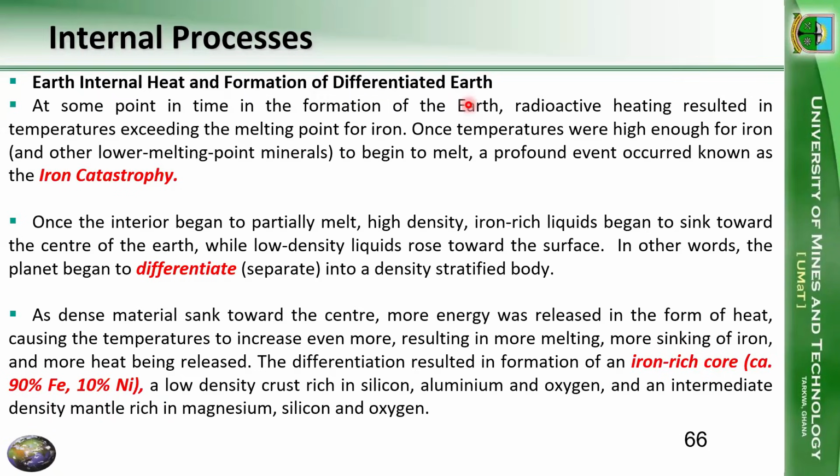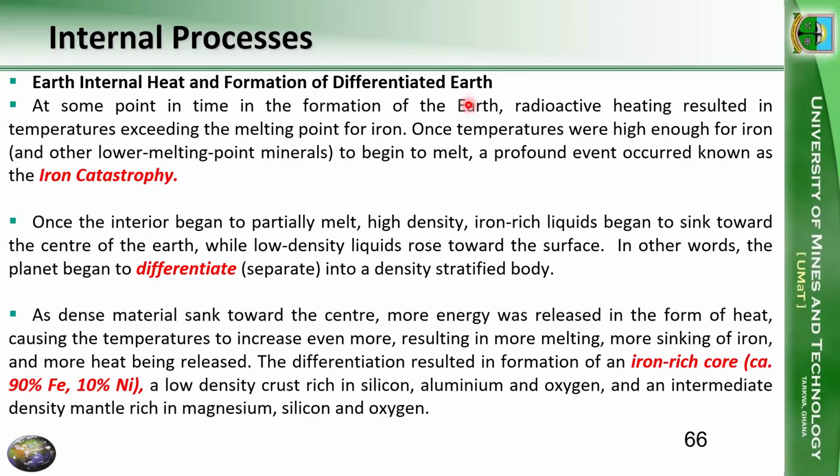As the iron began to melt, high density iron-rich liquids began to sink towards the center of the Earth, and then lower density liquids rose towards the surface. Iron is very heavy, right? So the iron-rich liquid is very dense, so it sinks to the bottom, and materials with lower density rise towards the top.